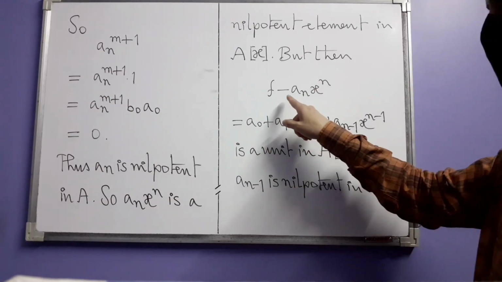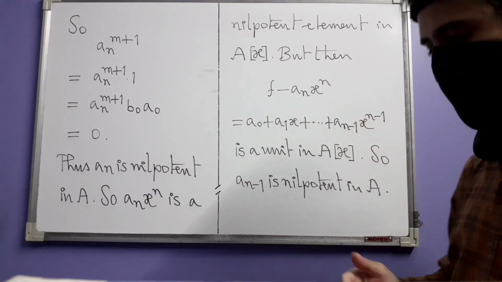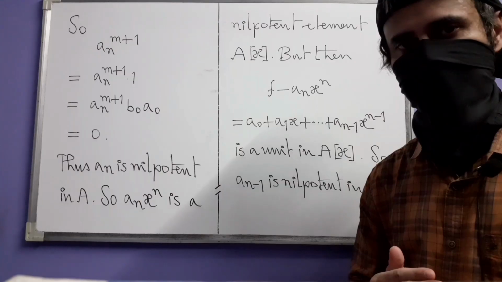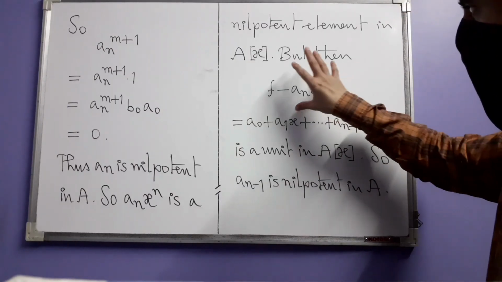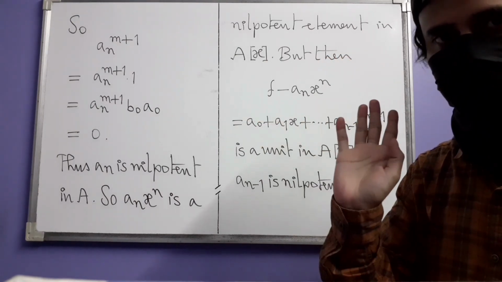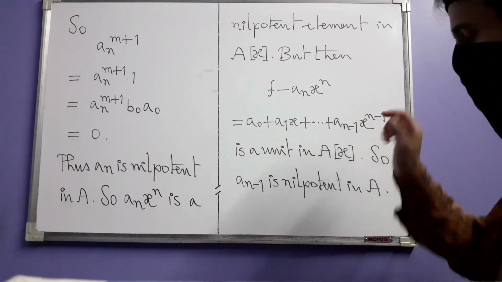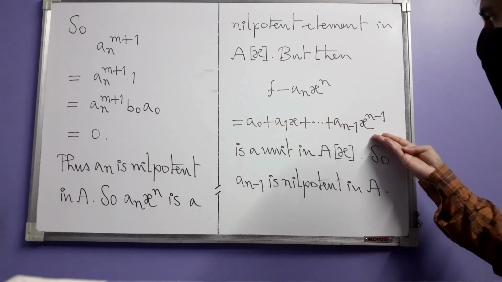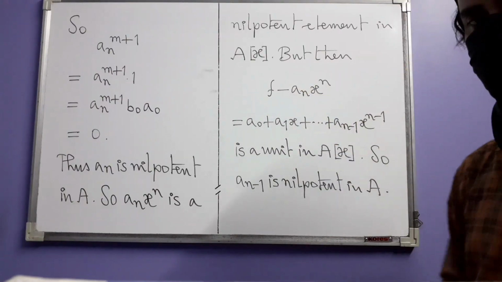I mean, you do not actually see a sum here, you see a difference, but you can think of it as the sum of f and minus a_n x to the power n. That is also nilpotent. So previously you had f, which was a unit. Now you have got this other polynomial which is a unit in A[x], and that polynomial is this. The leading term from f has been removed.